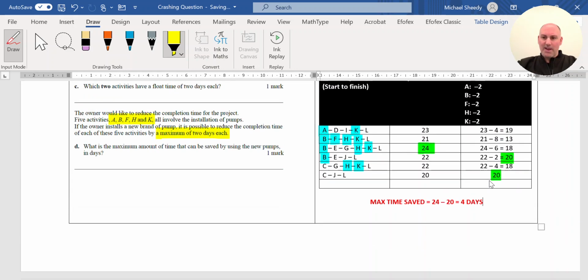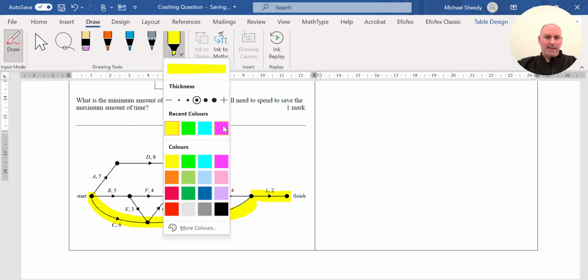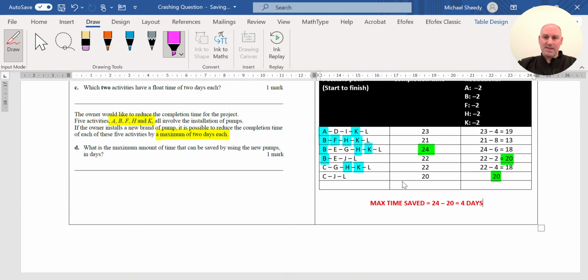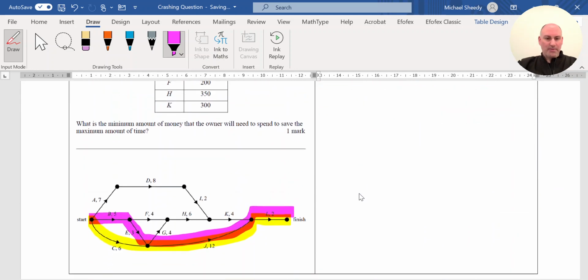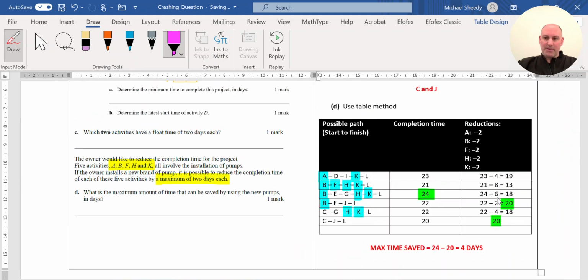And there's also another one here, B, E, J, L, which I'll highlight in another color, which is also 20. We can get them down to 20, sorry, after the reductions.